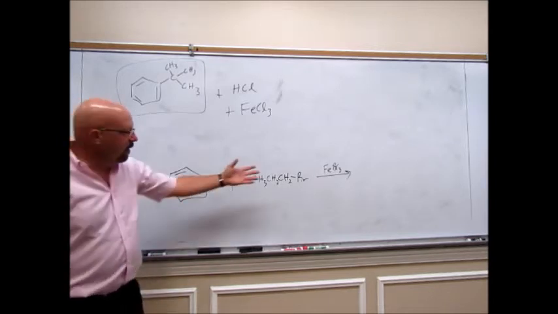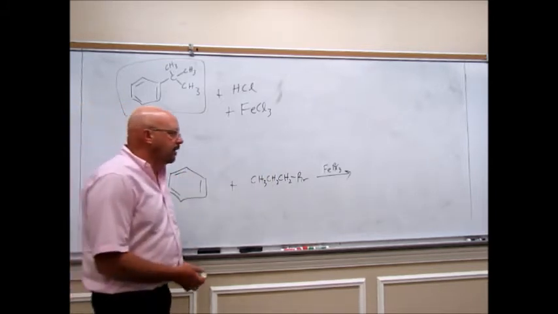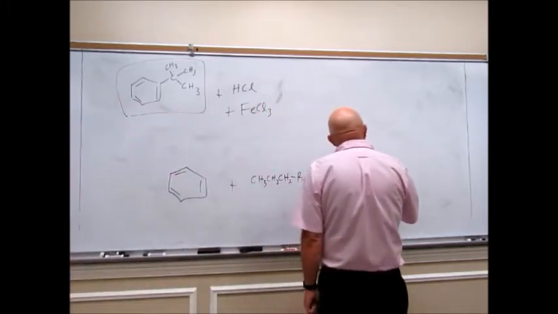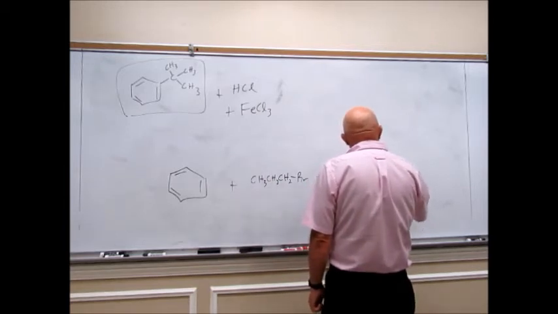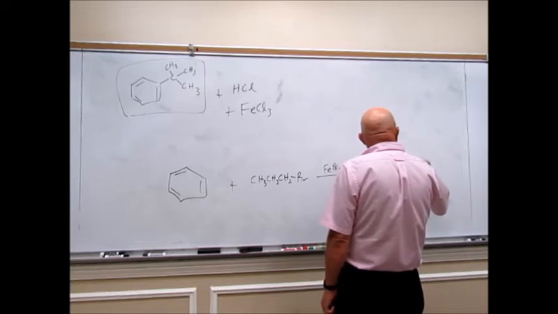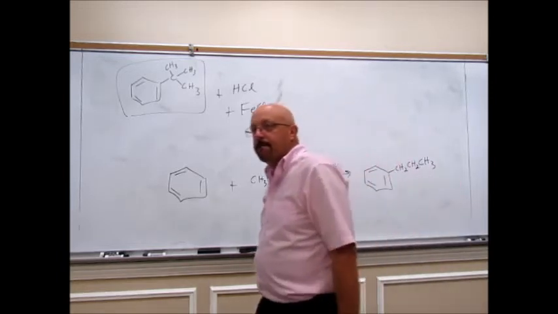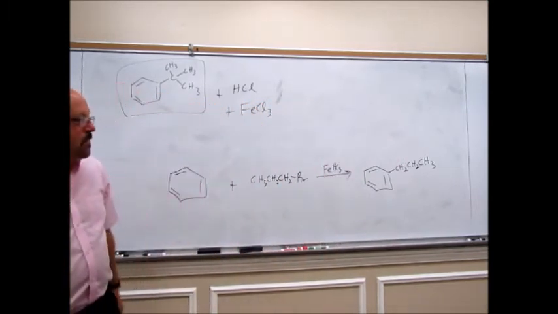Okay, so I've got my alkyl halide, Lewis acid, and we're going to put an alkyl group onto the ring, just like we did before. There's my alkyl group. Does that look right?